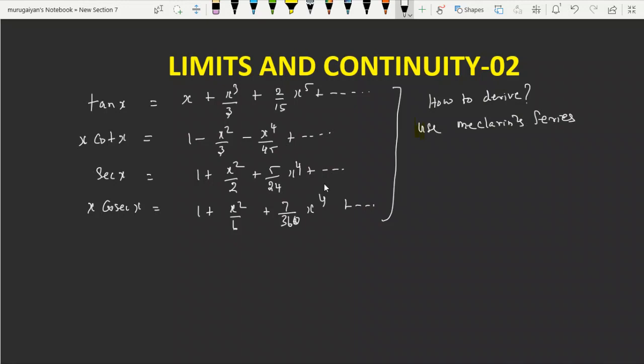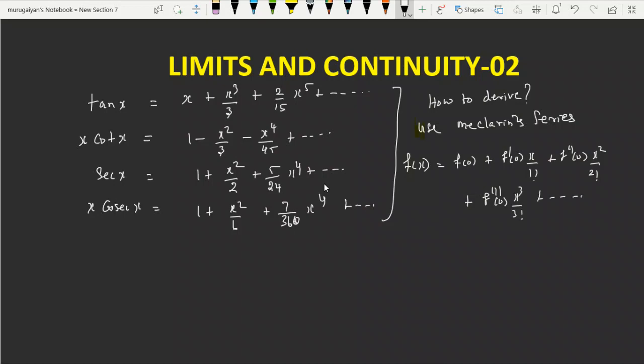What is Maclaurin series? f of x, any real function: first term f of 0, plus f dash of 0 times x by 1 factorial, plus f double dash of 0 x square by 2 factorial, plus f triple dash of 0 x cube by 3 factorial.